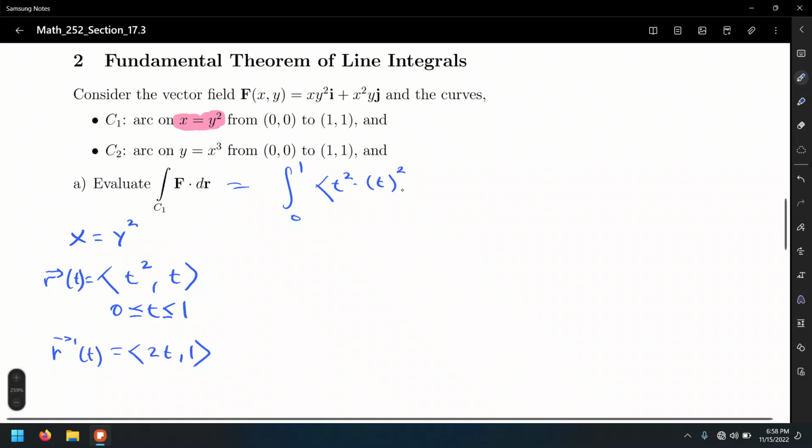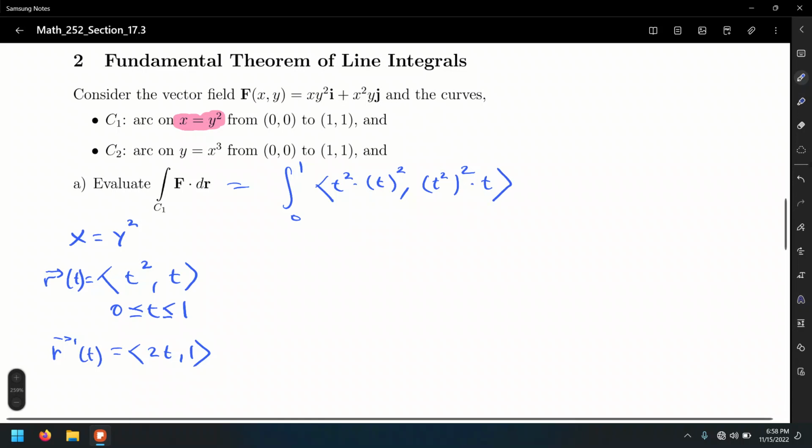Comma, the y component is x squared, which is t squared, times y, which is simply t. So that's our f, evaluated in terms of t.